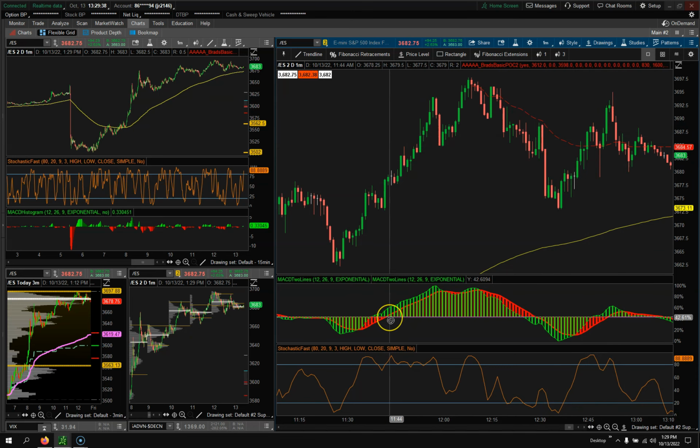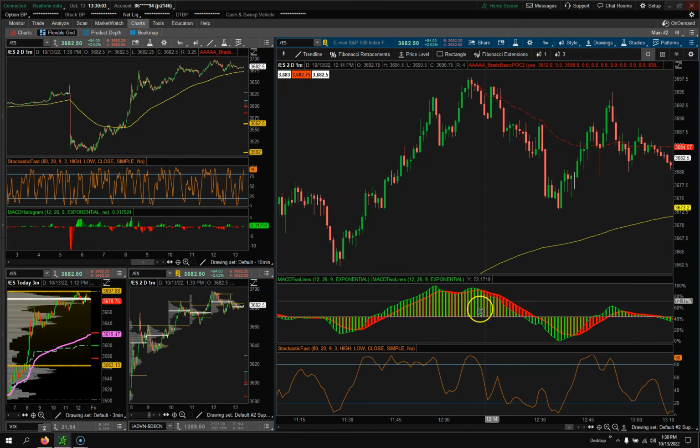And then down here, a few weeks ago, I made a video on this. It's a custom MACD, kind of like a 2-line, where you could start to see as it crosses and we go from red to green, the expansion, where the 2 lines are apart. That usually means an uptrend.